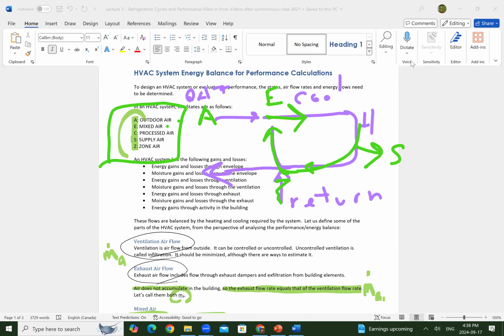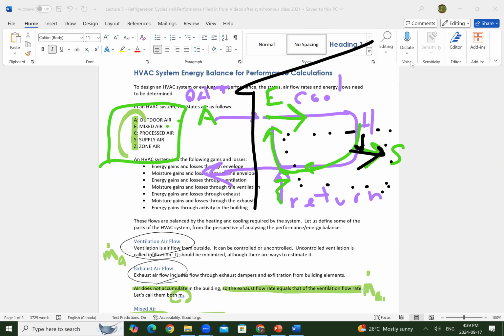So we need a zone being drawn on here. This is our building, our entire building. And then we have to have a zone inside that building that we're supplying to and returning from. We're going to have supply air into that zone, and we're going to have some processed air coming out before it can get supplied into that zone.